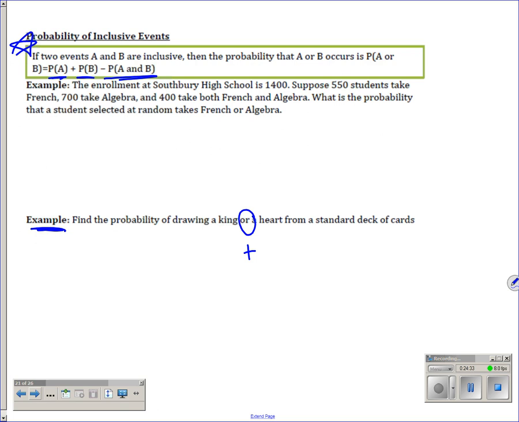What's the probability of getting a king? 4 out of 52. Yeah, there's 4 possible kings out of 52. What's the probability of getting a heart? 13 out of 52. Good. Now, because they're not mutually exclusive, we have to subtract off the probability of both. What's the probability of it being both a king and a heart? 1 out of 52.